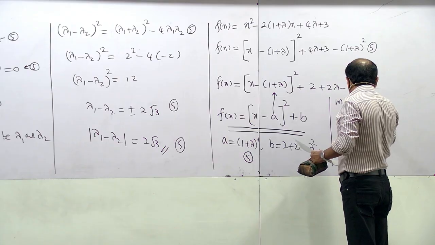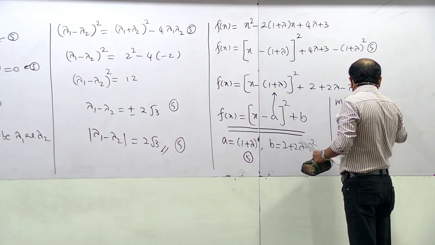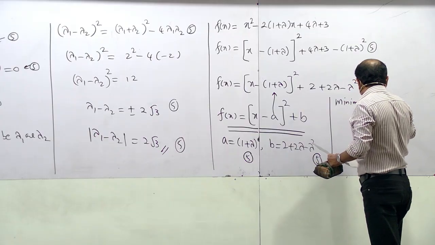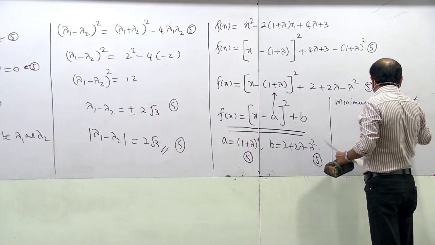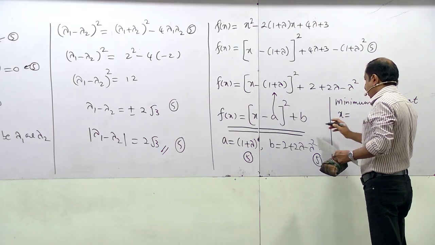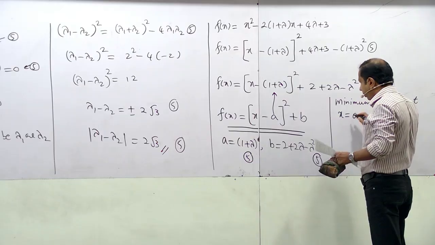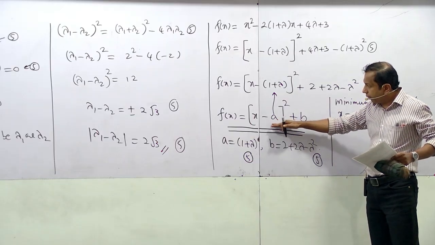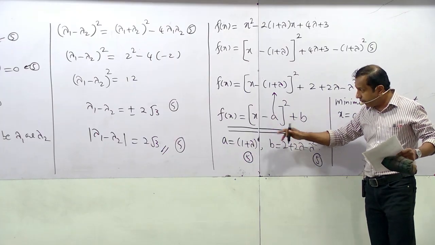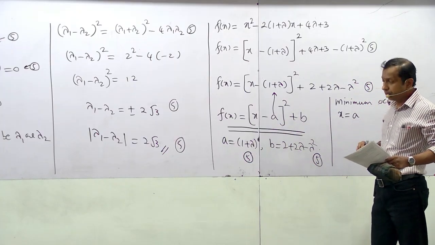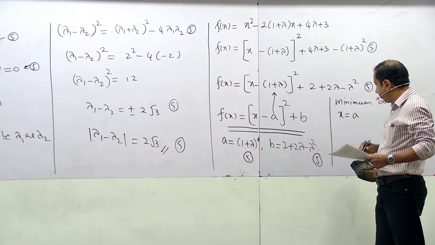After completing the square, the minimum value occurs at x equals a, that we learnt in the theory class, right?